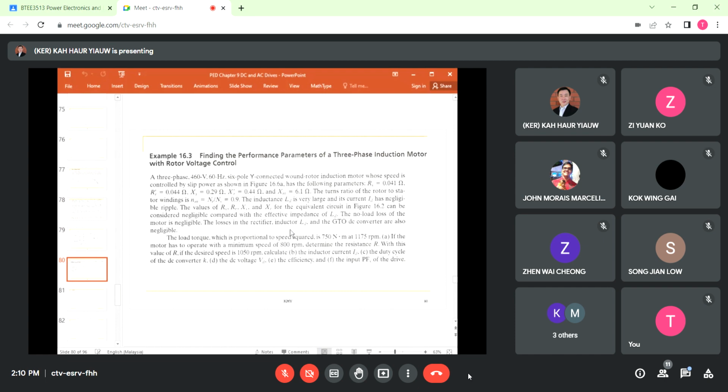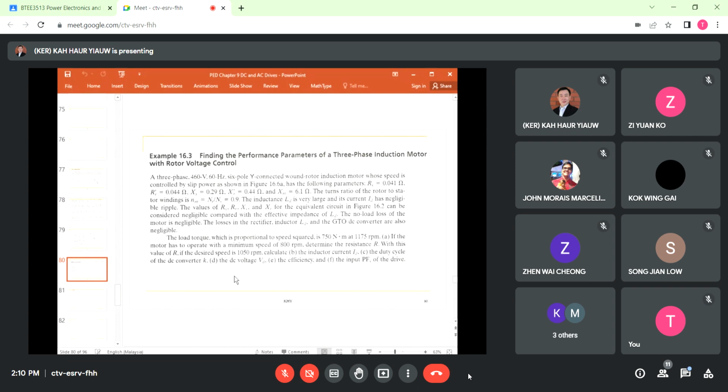The losses in the rectifier, inductance LD and the GTO DC converter are also ignored. The load torque, which is proportional to speed squared, is 750 Nm at 1175 rpm. A. If the motor has to operate with a minimum speed of 800 rpm, determine the resistance R.